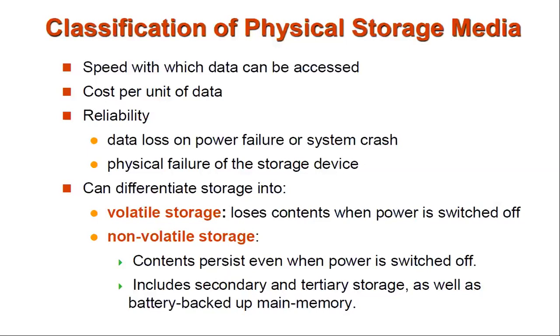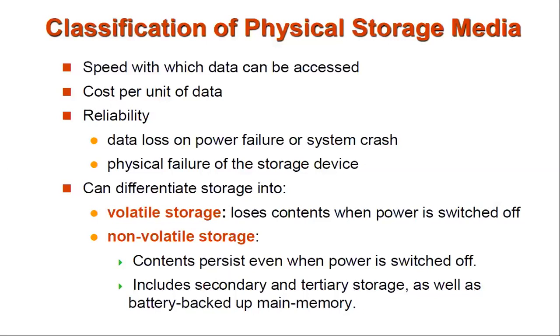When you switch on your computer again, any process or program you are working with is brought into the volatile storage. As long as your system is on, you will have certain data for processing, and if the power is switched off, all the data will be erased. That category of storage we call volatile storage.